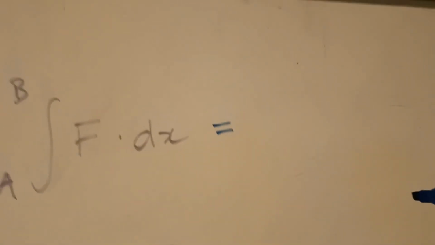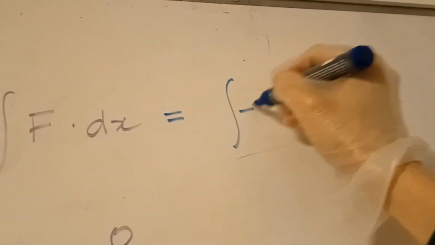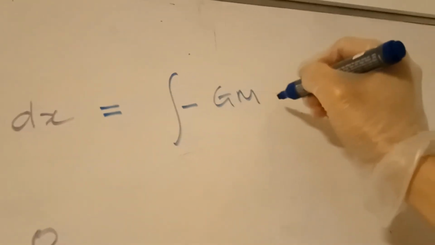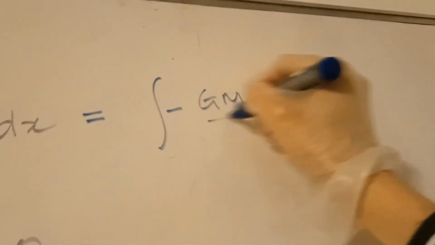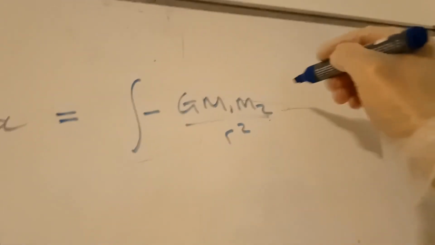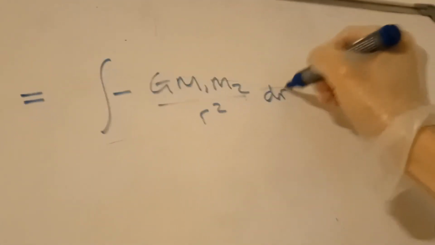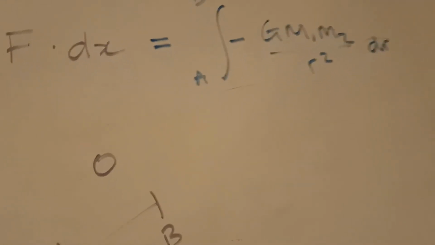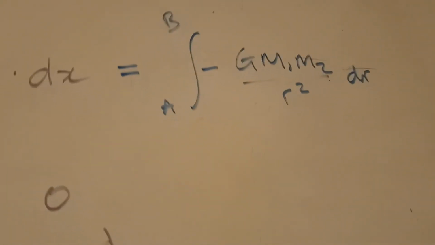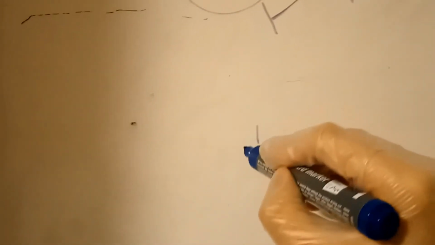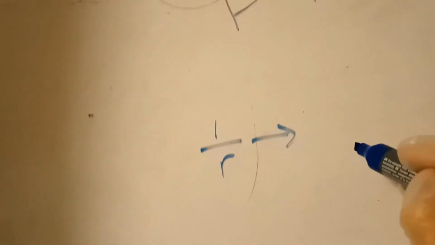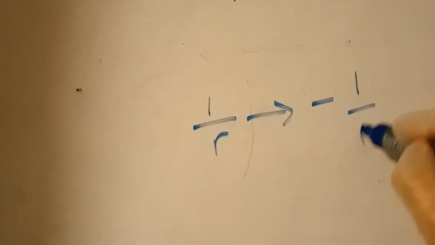Now the formula for F using Newton's law will be minus G m1 m2 over r squared. Integrate that with respect to r. The upper limit will be B, the lower limit is A. Now, when you differentiate 1 over r, you get minus 1 over r squared.